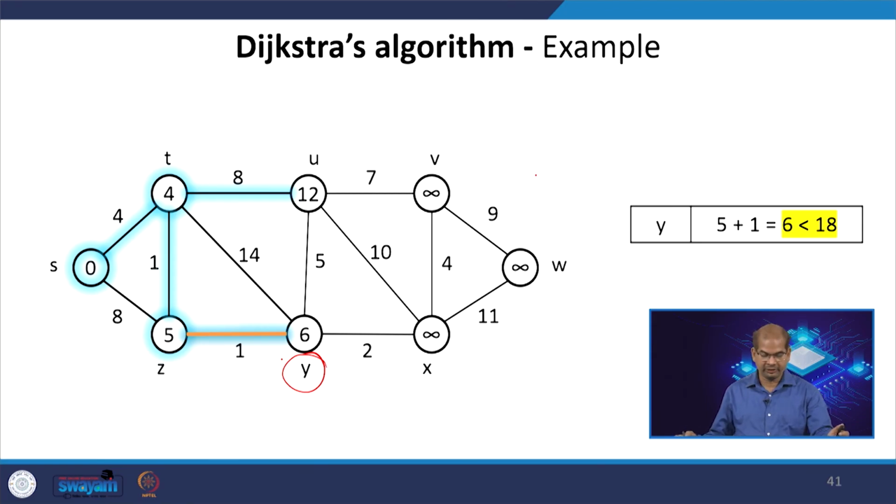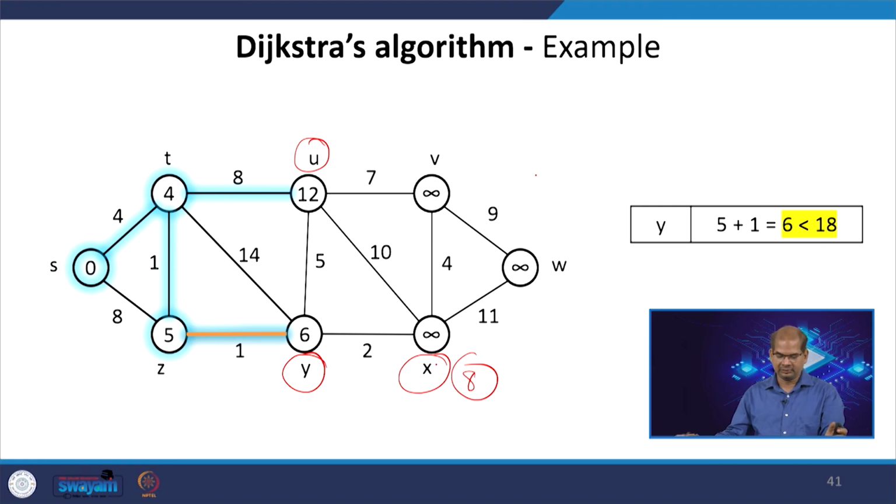Now, we are exploring the Y node. So, whenever we are exploring the Y node, what are the nodes connected to the Y node? So, it is connected to U and X, okay. So, if I go to X node, 6 plus 2 is 8, X node will be 8.